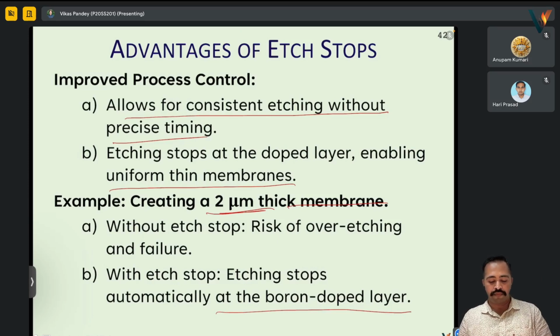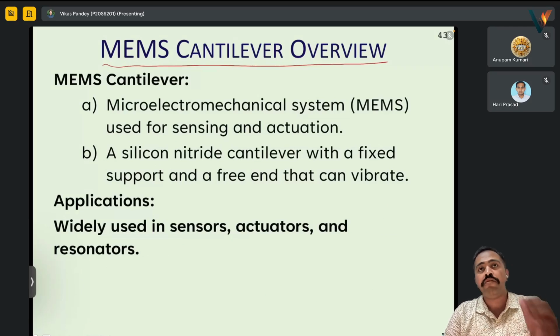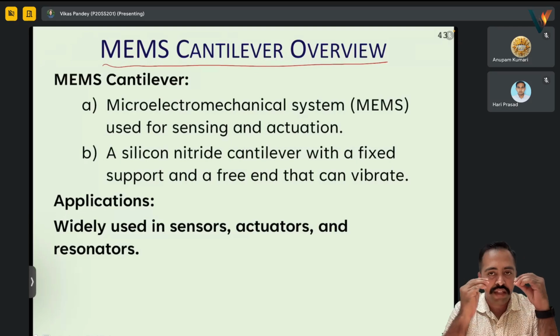One common use of this is making a MEMS cantilever. MEMS is micro electromechanical system. That is where we have 3D systems, or physical systems, at a micro scale.